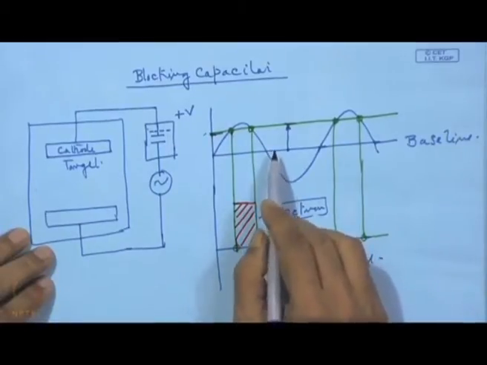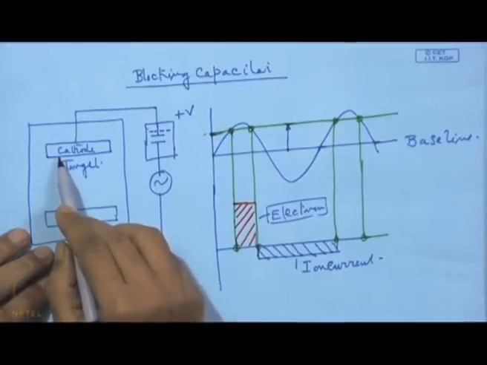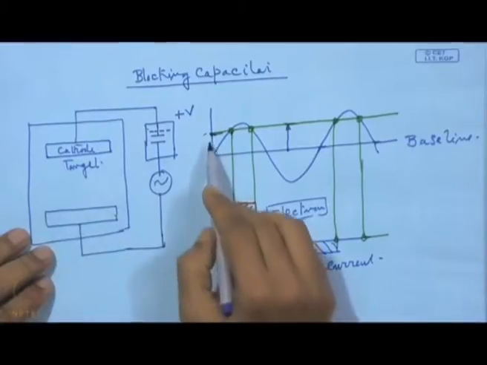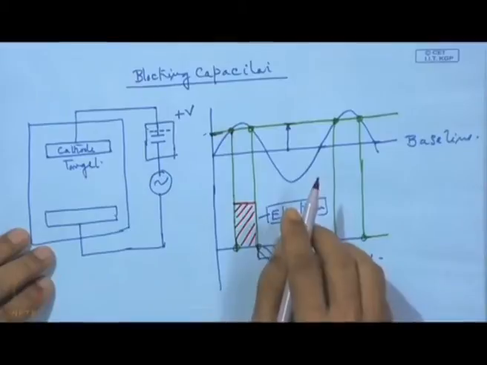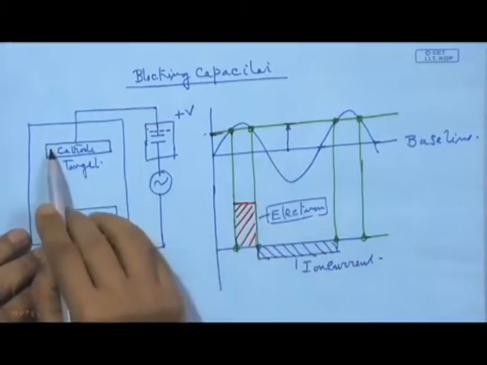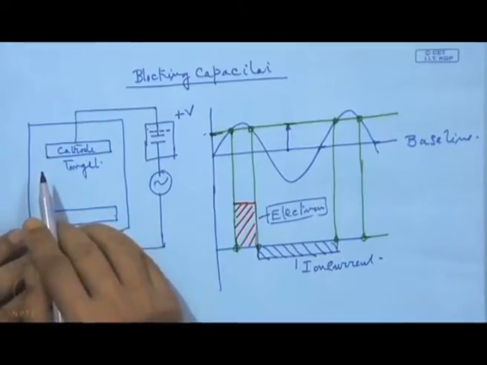In that case we can say that there is a negative bias on this cathode surface, which is subjected to this alternating voltage, but on that a negative DC, this negative bias, is superimposed.